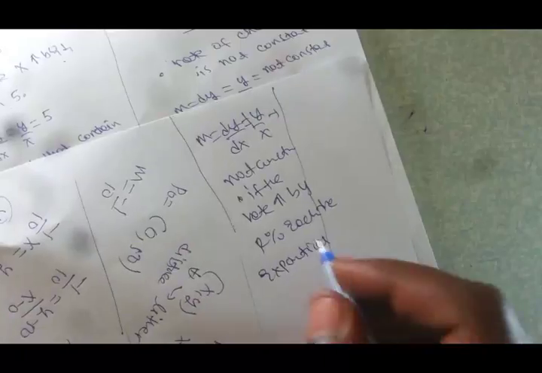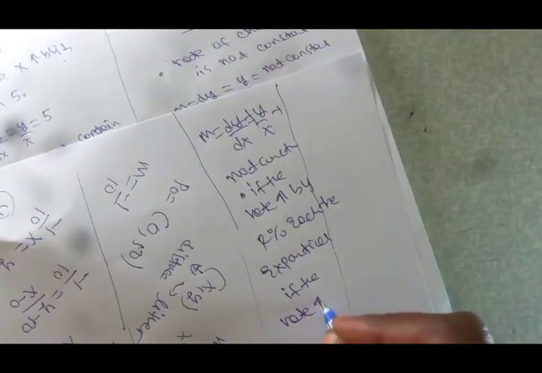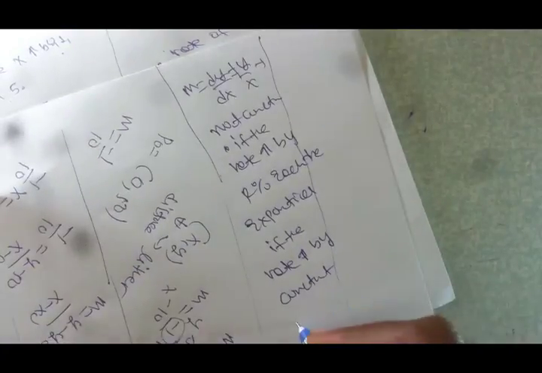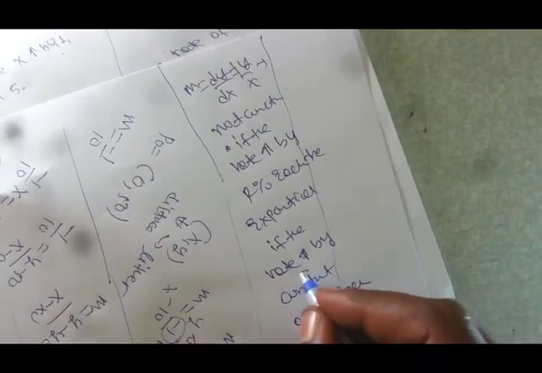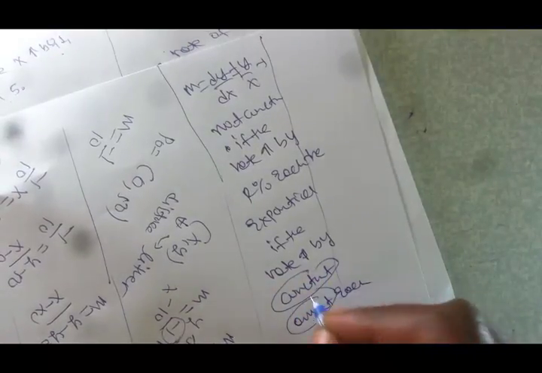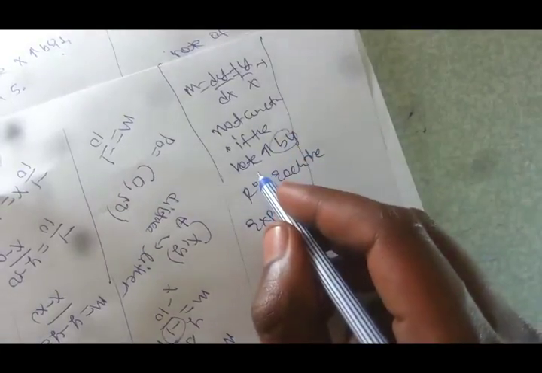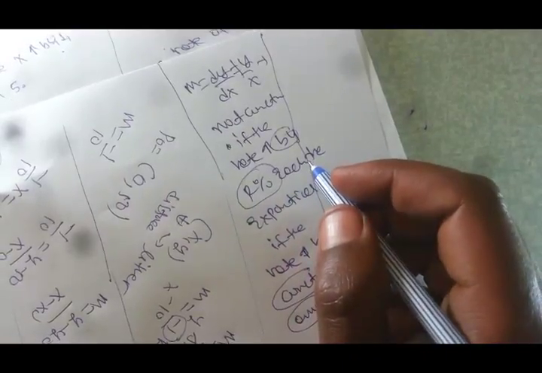In terms of linear function, the rate increases by a constant amount each time. So whenever you find by a constant amount, it means a linear function, and if it is increased by r%, it means it's always exponential function.